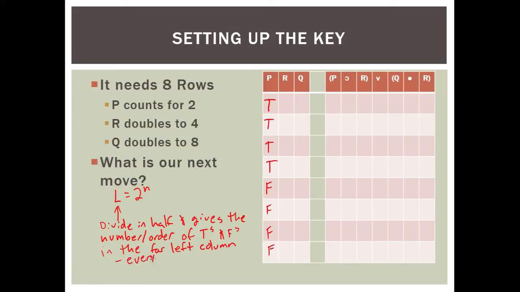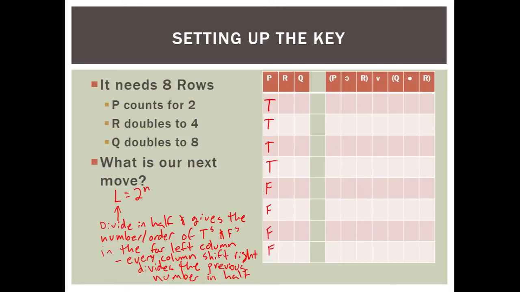Every column shift to the right divides the previous number in half. So we were under the P at 4 and 4.